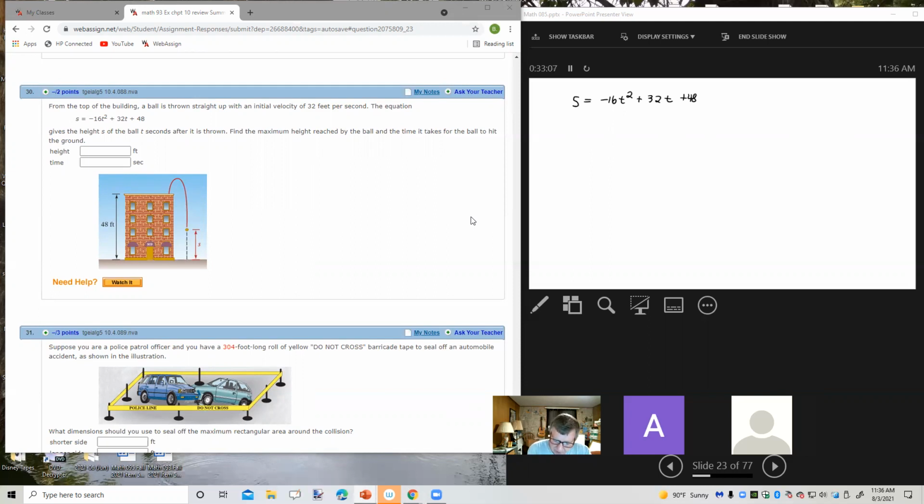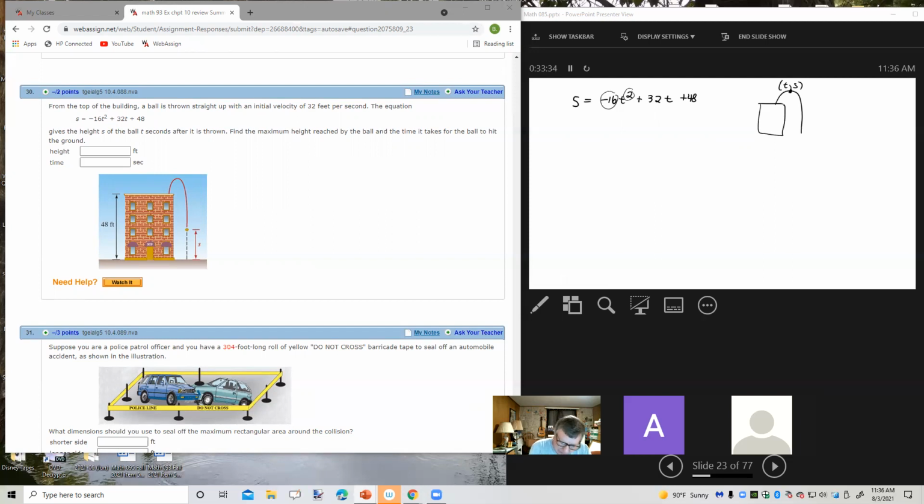Okay. So the graph of this thing is a parabola because it's a second degree equation, right? And it's going to open downward because the leading coefficient is negative. So again, we've got this picture. We're looking for the vertex, which is in the form (t, s). We want the maximum height, so we want the s, the height of the vertex.